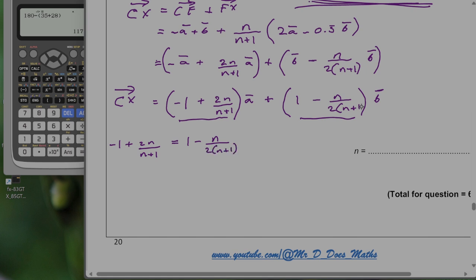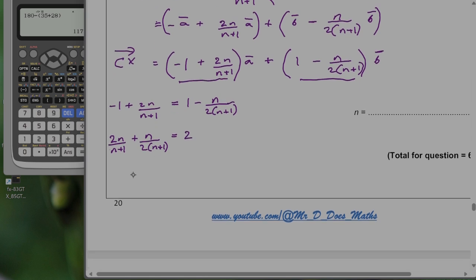I missed out a bracket there. Right, now if I take my numbers and all of my n's over to the left, that would give me 2n over n plus 1 plus n over 2 lots of n plus 1, and that's got to be equal to 2.